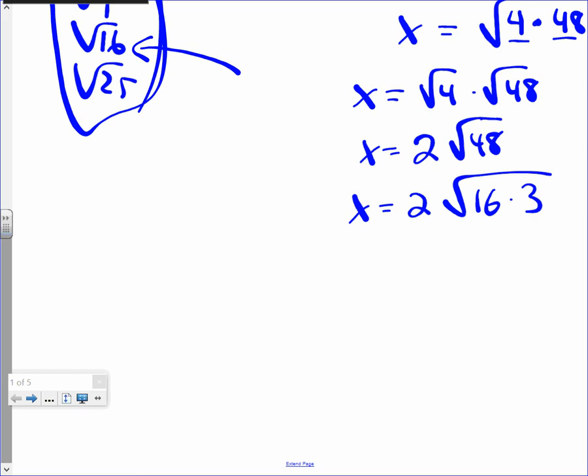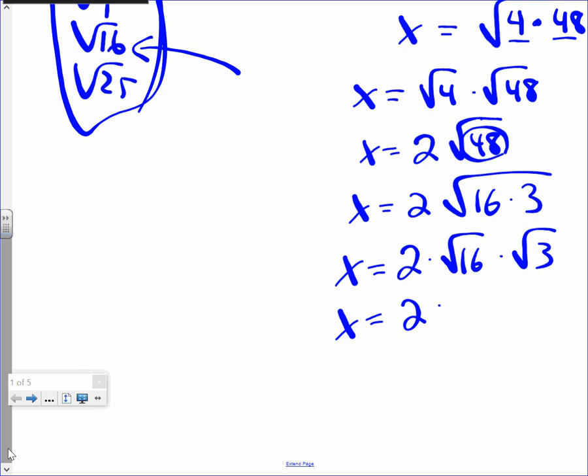If a perfect square can fit in the number, you've got to keep simplifying until you can't simplify anymore. Watch this. x then is equal to 2 times the square root of 16. I'm separating them now. Times the square root of 3. Stay with me, Franklin. So x equals 2 times square root of 16. Well, that becomes 4 times rad 3.